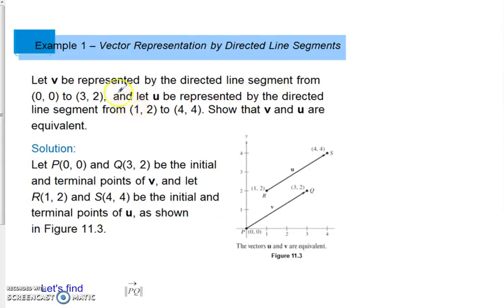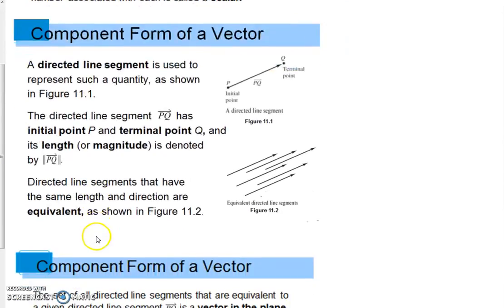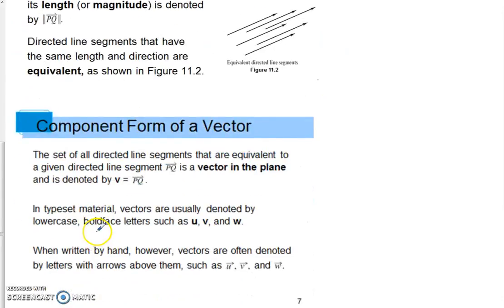Alright, let V be represented by a directed line segment, and let's see, I think I need to go back a section. Yes, I do. The component form of a vector is a vector in the plane, and we denote it with this bold-faced V, but most of you don't have the capacity to write that bold-faced V, so what we typically do is use what's down here.